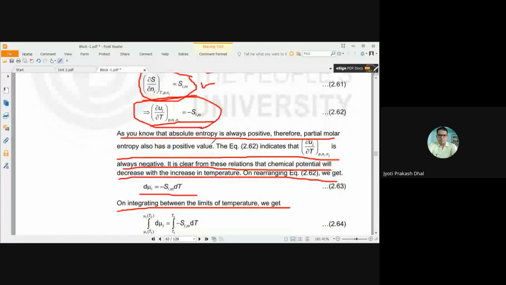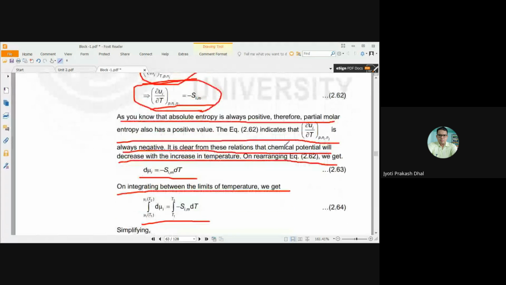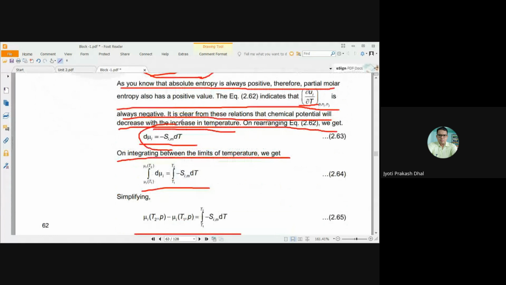As you know, the absolute entropy is always positive, therefore the partial molar entropy has a positive value. So this term is always negative, and it is clear from this relation that the chemical potential will decrease with the increase in temperature. So dμi equals minus Si,m dT.